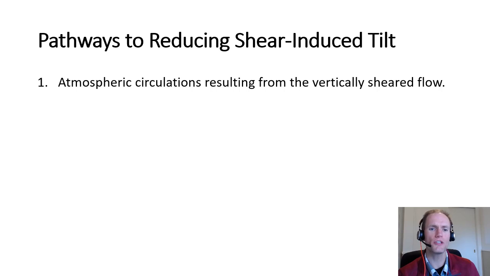So how can we ultimately reduce that tilt that the vertical wind shear would impart upon the tropical cyclone? There's a number of different ways that we can do so without even invoking thunderstorms specifically. In terms of the vertically sheared flow, tilting the vortex from upright into the horizontal plane leads to specific atmospheric circulations that form.